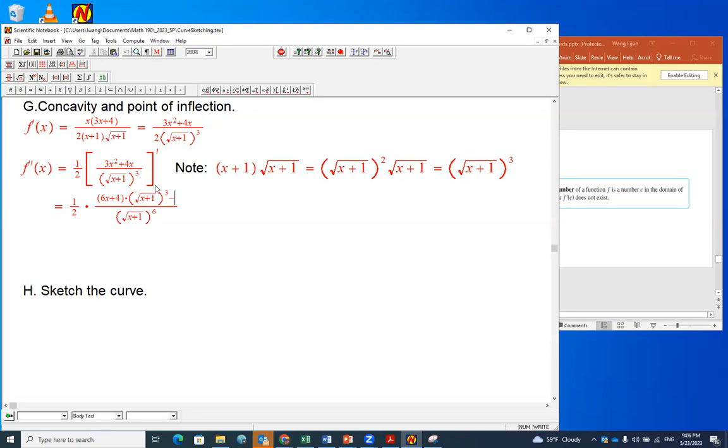So now we're going to differentiate the denominator. So put this in parentheses. When we're differentiating this denominator, of course, we're going to use the chain rule. Okay, so that's going to be 3 times root of x plus 1.